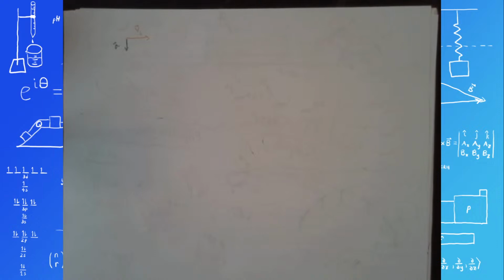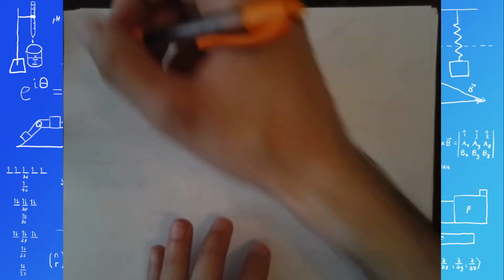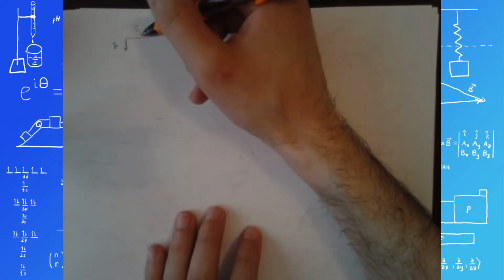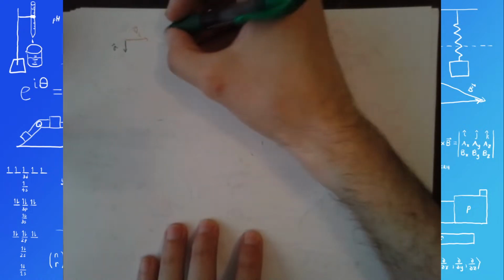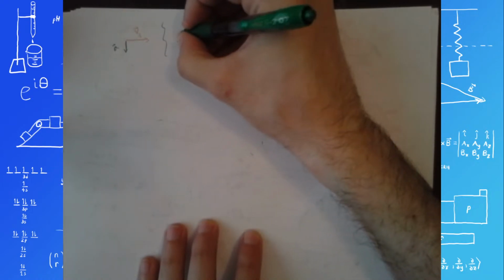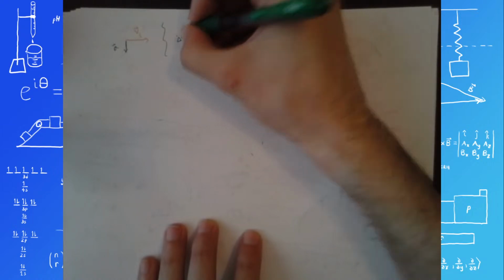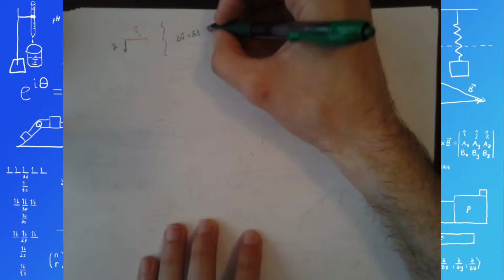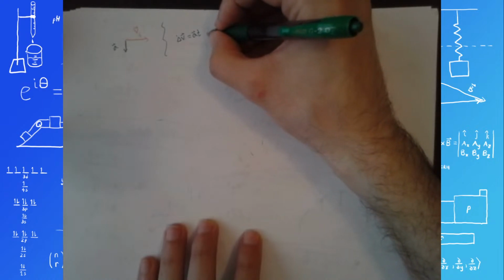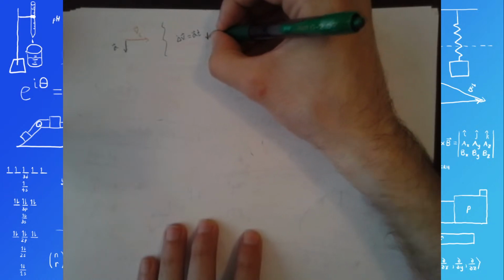Let's say I did this for a short amount of time. Let's say that I get a delta V, delta V equals AT. Let's say that's some tiny amount like this.